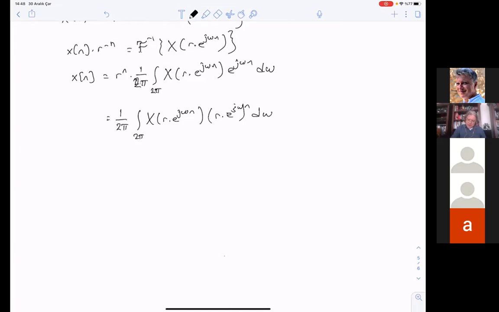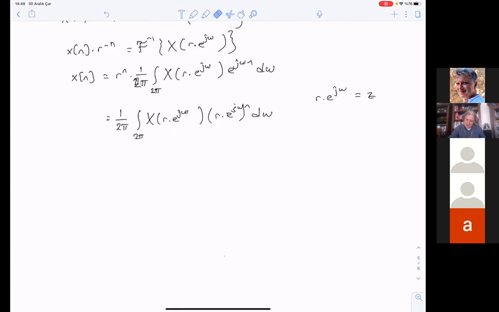Now a change of variables can be done. I can say that r times e to the j omega is equal to z. But I need something else. I need to find what is d omega with respect to dz, because one of them is in the exponent, the other one is here. I will replace every r times e to the j omega term. Why am I putting n here? These n's are erroneous.